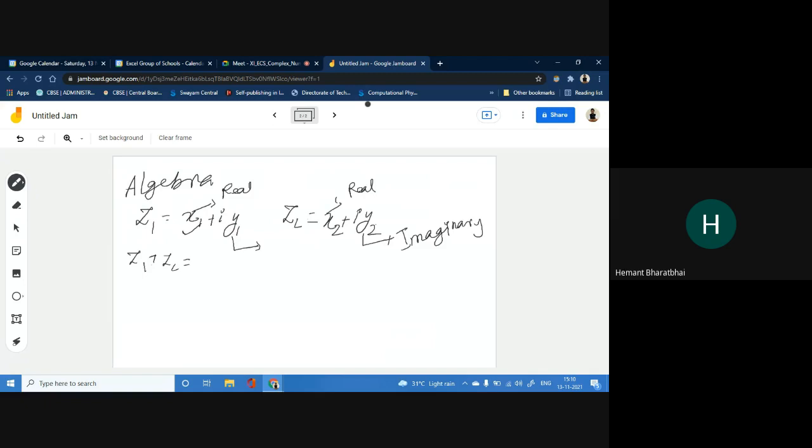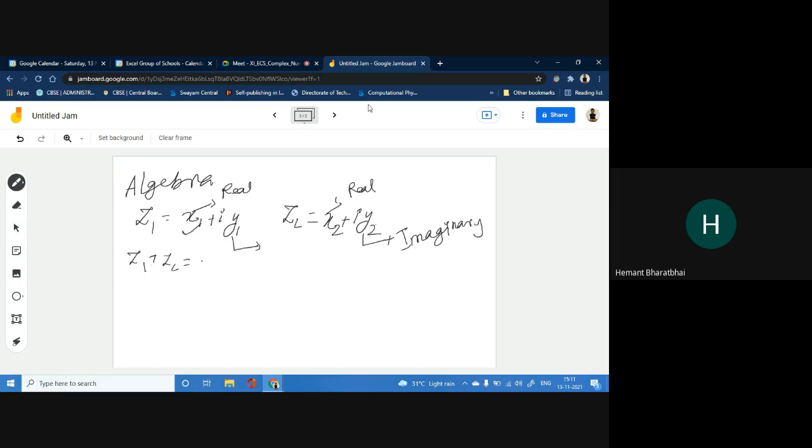So whichever thing is there with i will be called the imaginary part, and wherever there is no i will be called the real part. The real part will be added or subtracted with the real part, whereas the imaginary part will be added or subtracted with the imaginary part. Okay, so let's see this.